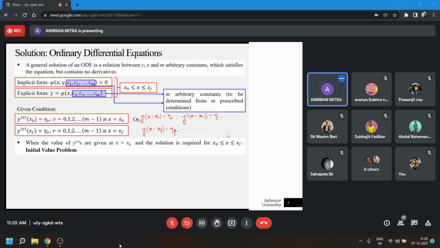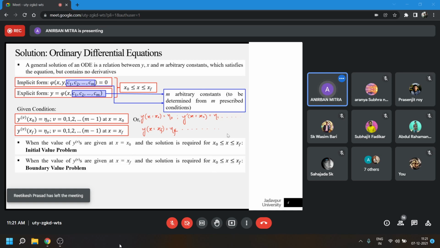Now, if the values of the y^(v)'s are given at x equal to x0 and the solution is required in a domain where x varies from x0 to xf, then it is known as an initial value problem. At the initial condition, the values are provided, and the problem in that sense is called an initial value problem.